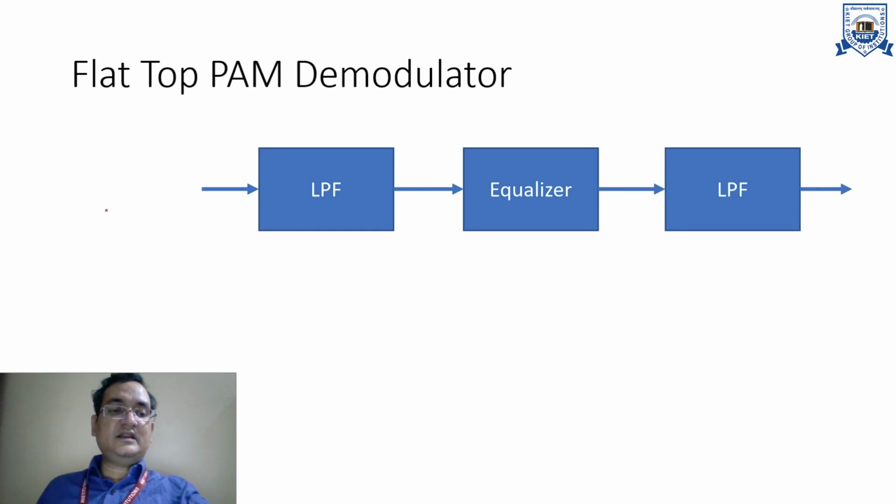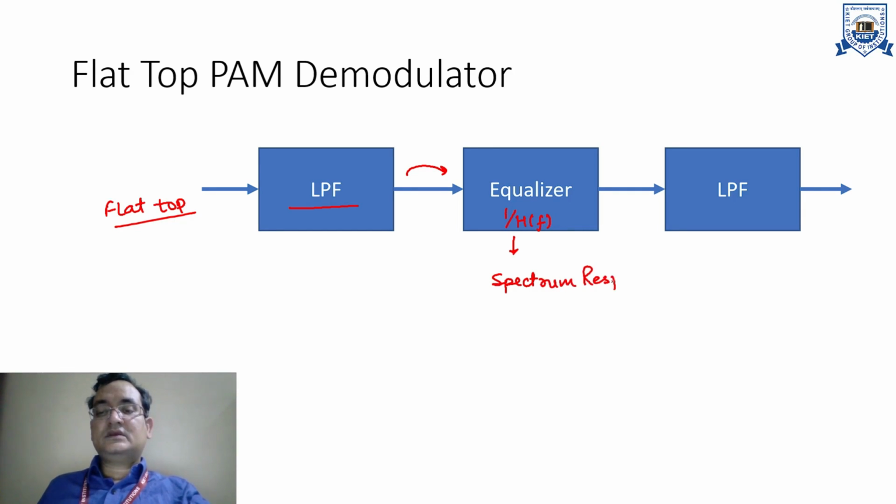You can clearly see that here you will receive the flat top signal into an initial low pass filter. After that it will go to the equalizer, which is 1 upon H of f. This is the spectrum, or magnitude response, of the equalizer.